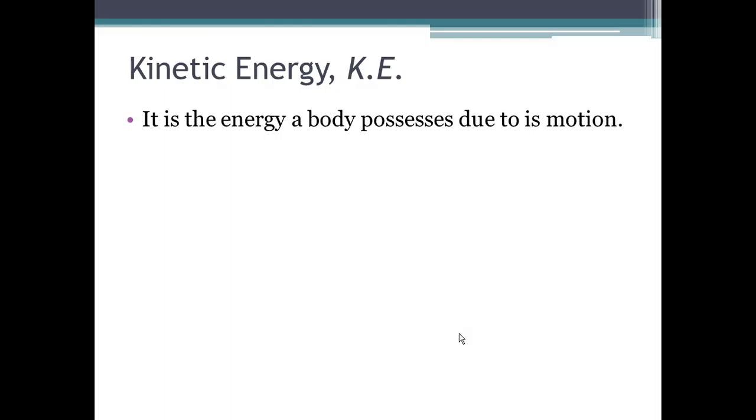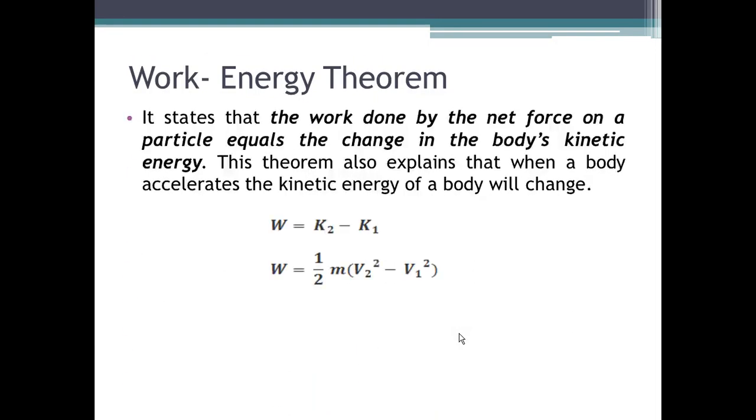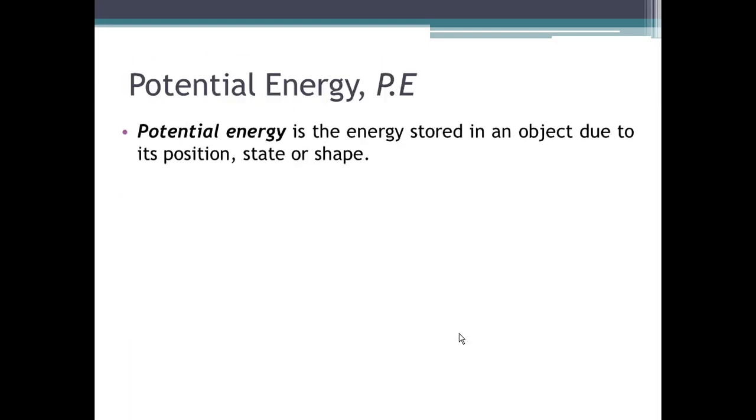Kinetic energy is the energy possessed by an object due to its motion. So kinetic energy is actually dependent on the velocity, or the speed, of the given object. For as long as the object is moving, it has kinetic energy. While potential energy is the type of energy that is dependent on the object's position, state, or shape.